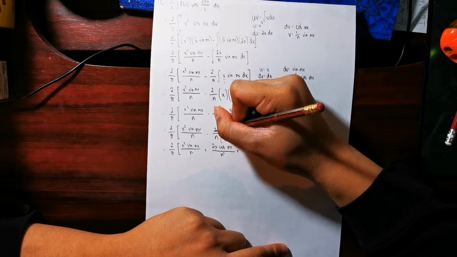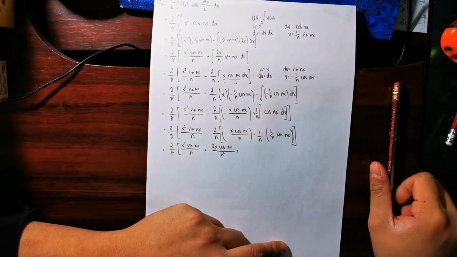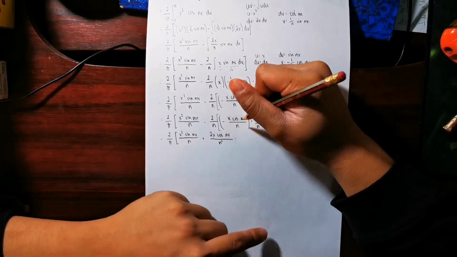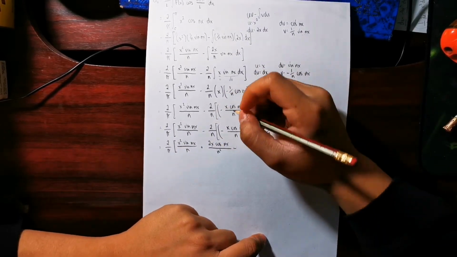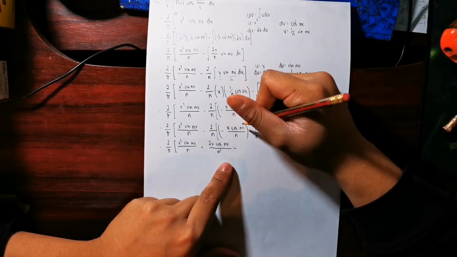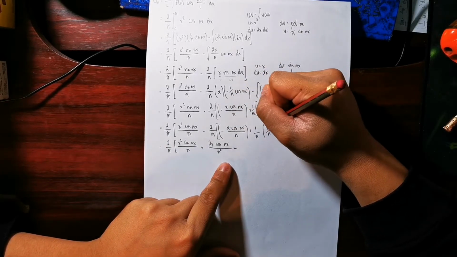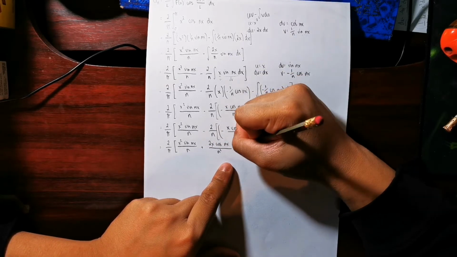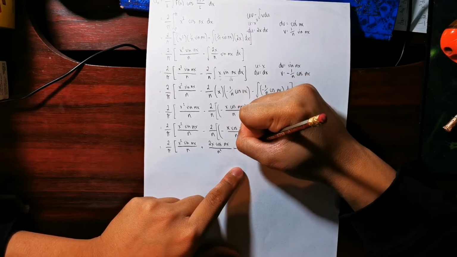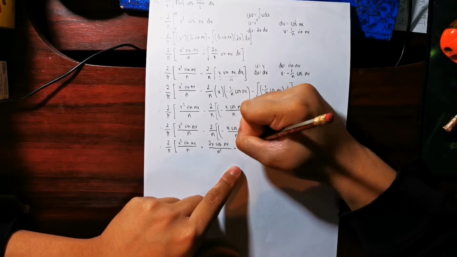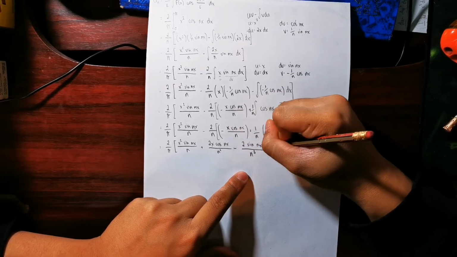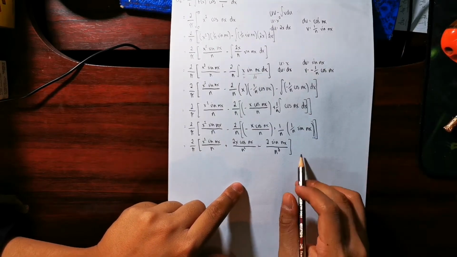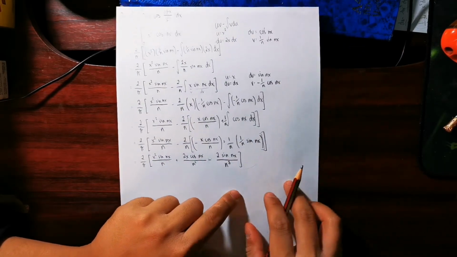So we will have to distribute 2 inside the terms. Okay, so yeah, we have this term here. And now we will have minus 2 sine nx over n cubed, since this will be 1 over n squared. Okay, and we are left with this term.